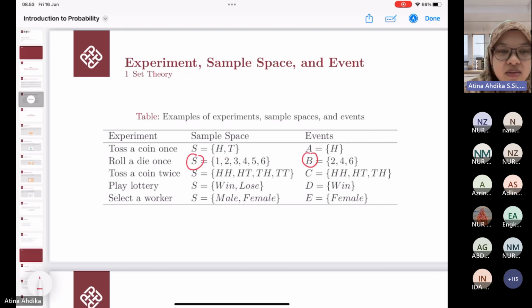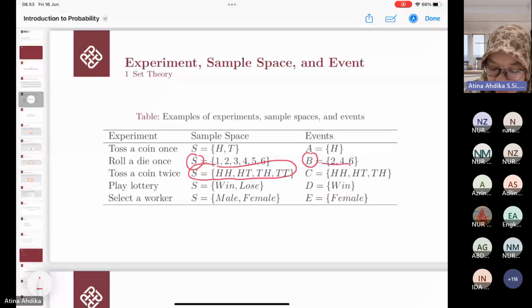Okay, another example is when we toss a coin twice. From tossing a coin twice, we will have the outcomes head and head, head and tail, tail and head, and tail and tail. So we can write our sample space like this one. And then we can also define an event that the outcomes of tossing a coin twice have at least one head.